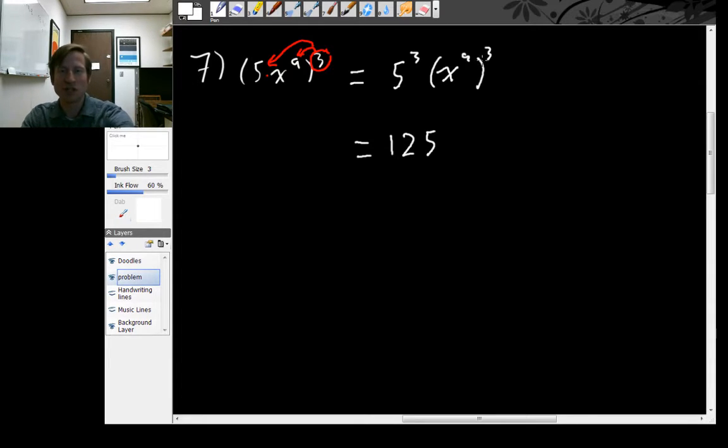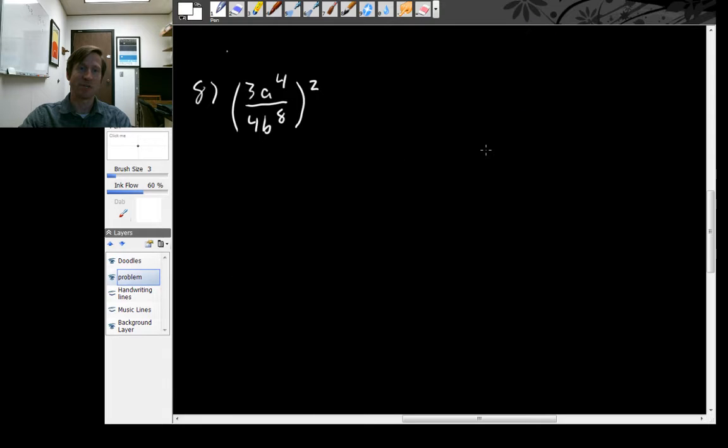In this situation, there's another law of exponents, the power law, that says that you can just multiply these two exponents. So we get x to the 9 times 3, that's 27. So this exponent right here, this is 9 times 3. All right. At this point, there's nothing else we can do to simplify it, so we're done.